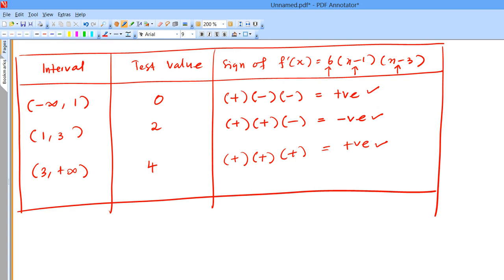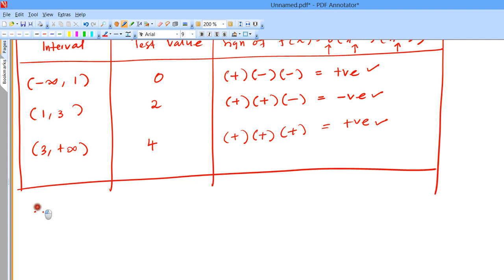So we can make the conclusion here. f(x) is increasing in the intervals negative infinity to 1 union 3 to positive infinity.